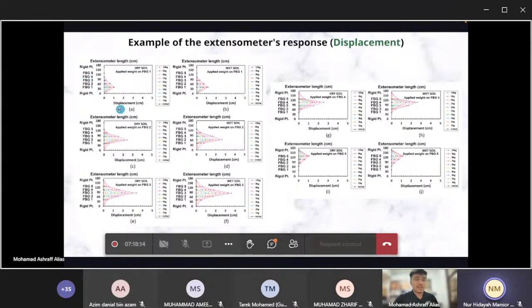The FBGs that obtain a response are only FBG1, 2 and 3. Then when we apply the weight on top of FBG2, the other FBGs start to have responses as well, followed by FBG3, FBG4, and back to FBG5. The right side here is the response when my extensometer is placed inside a wet soil environment.